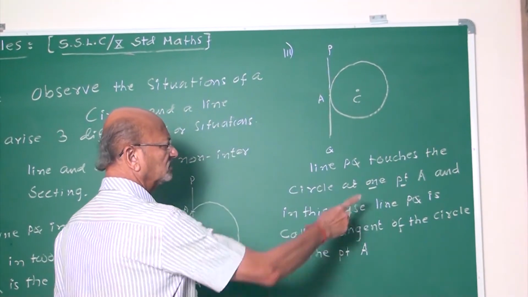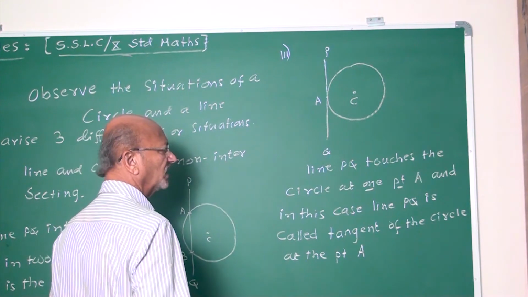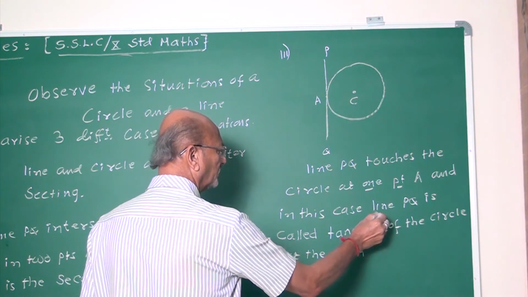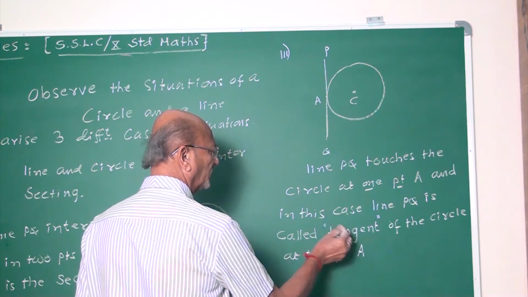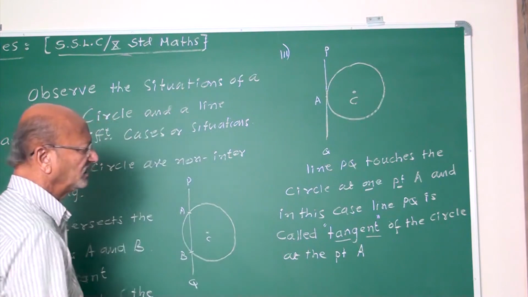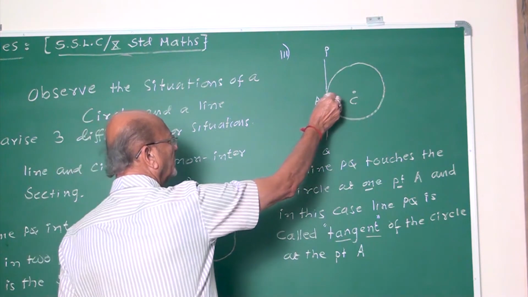In this case, line PQ is known as tangent. This is an important definition, my friends. Your entire chapter depends on this tangent. Tangent of the circle at the point A. What is this point A?